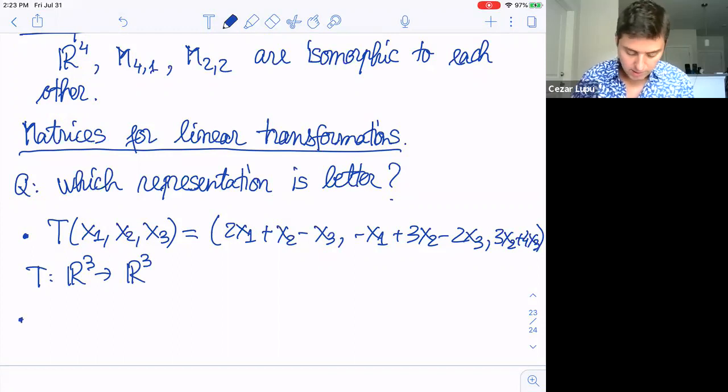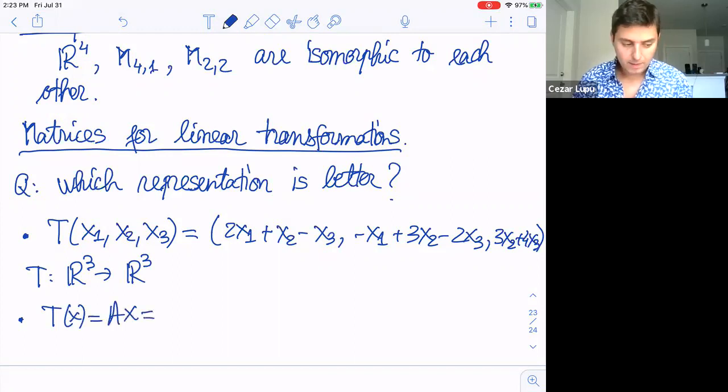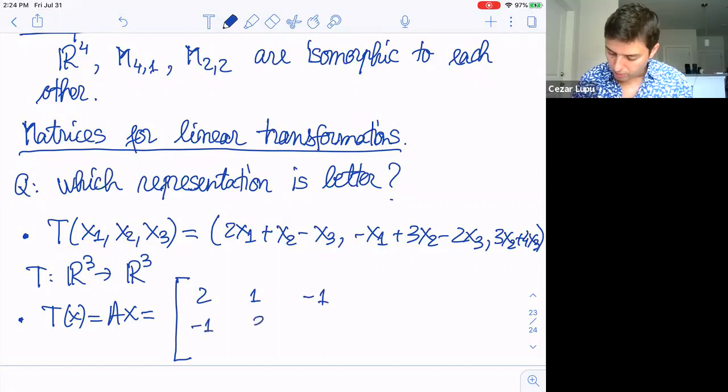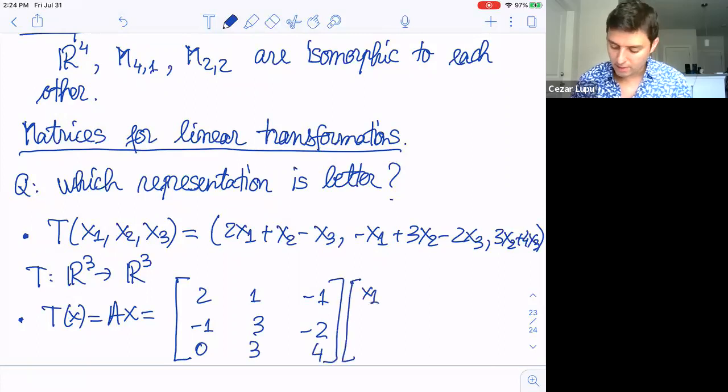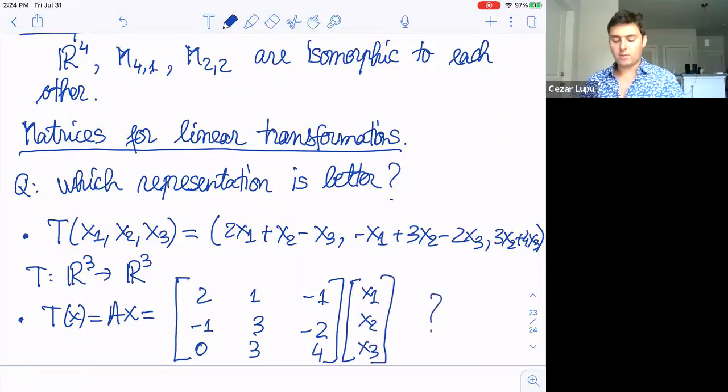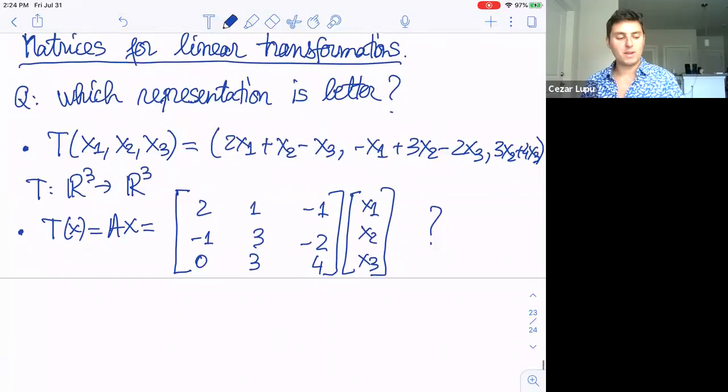T of x, which is Ax, and I can represent it in this way: the matrix with rows 2, 1, negative 1; negative 1, 3, negative 2; 0, 3, 4, right? And then I multiply this by the vector x1, x2, x3. Well, that is the question. Which one is better? The one given directly or the one in the matrix form?